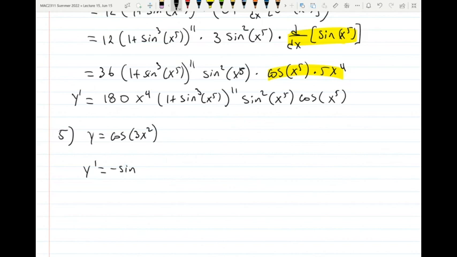Negative sine of 3x squared times 6x. Very good. Does everybody understand this? The outside function is the cosine, the inside function is 3x squared. The derivative of the outside is negative sine, plug in the inside function, times the derivative of the inside. Okay.